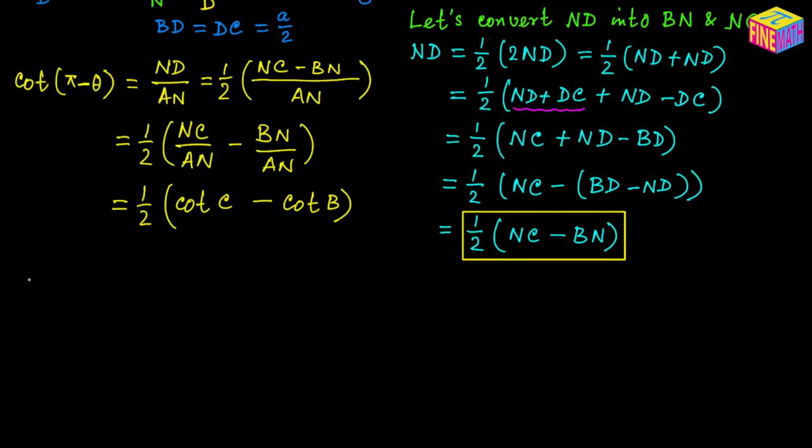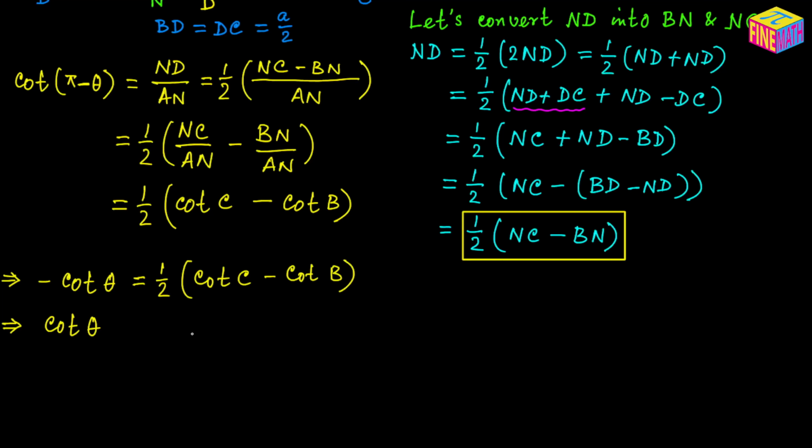And we are almost there. Now I'm going to simplify this a little bit. On the left hand side we have cotangent of pi minus theta, which would be negative cotangent of theta. Cotangent of any supplementary angle is equal to the negative of the cotangent of the original angle. So negative cotangent of theta is equal to half times cotangent of C minus cotangent of B. If we multiply both sides by negative 1, the left hand side becomes cotangent of theta, and on the right hand side the signs change, so cotangent of B becomes positive and cotangent of C becomes negative.